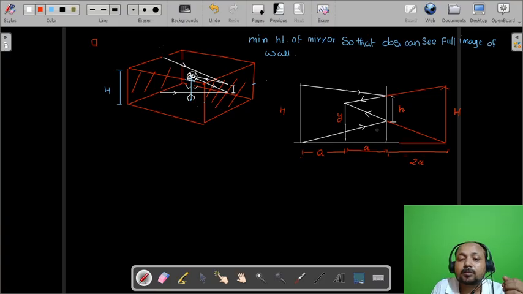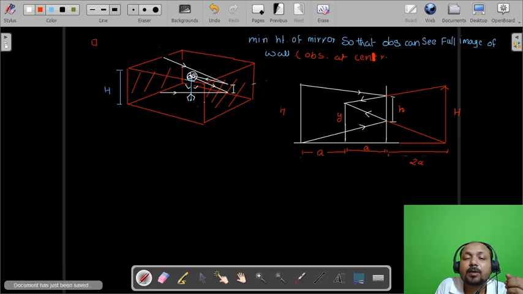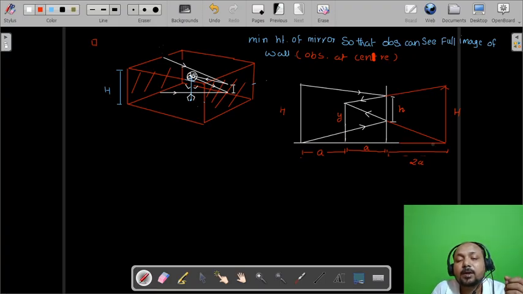So now here the condition is given, the observer is at the center. Okay, so now let us apply the law of reflection. This is a and this is h. So according to this, this is the wall and this is the mirror.